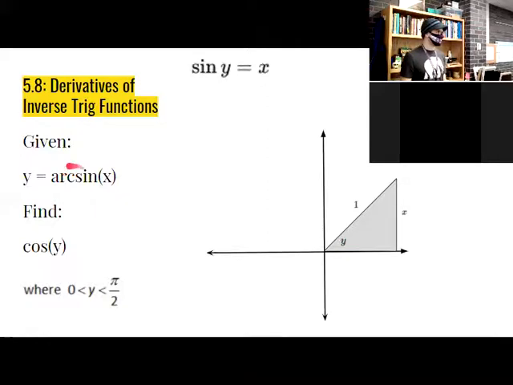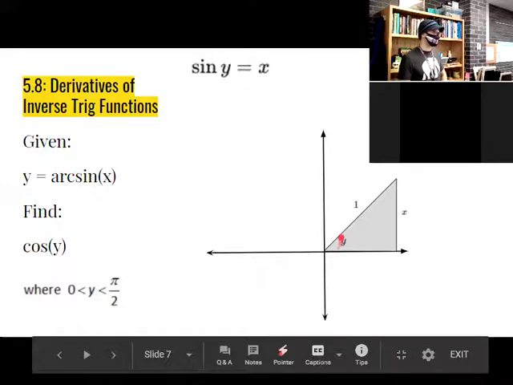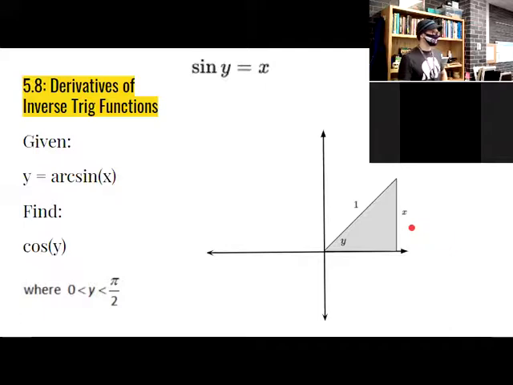Note this: if y equals arc sine of x, then sine of y must equal x. That's the nature of inverses. If I took the sine of both sides of this equation, sine and arc sine undo each other, so I'd just be left with x. Since I know sine of y equals x, that's why I can put x over 1.